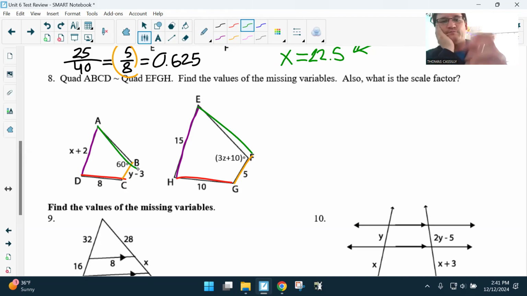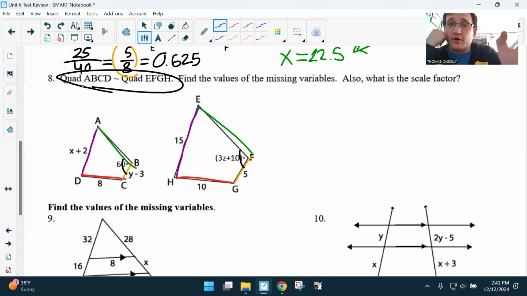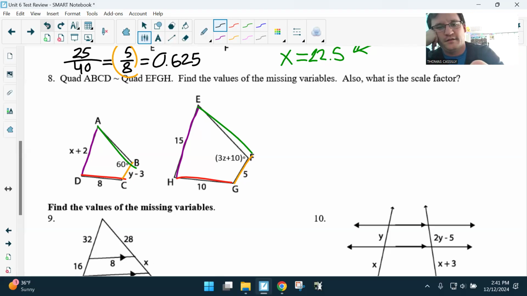One thing to notice on this one, we haven't had one yet like this, we are given some angles. When we have similar shapes, angles are congruent. So you're going to take that 60-degree angle and set it equal to 3z plus 10.